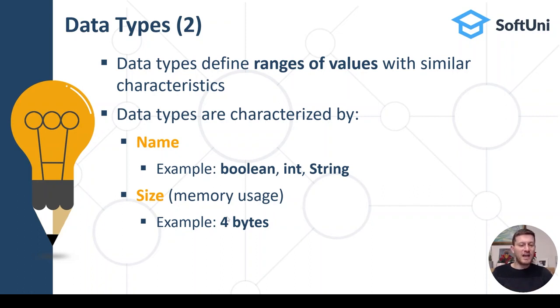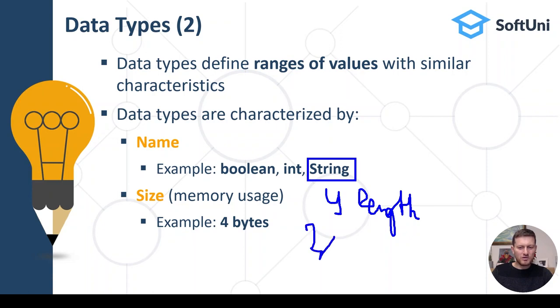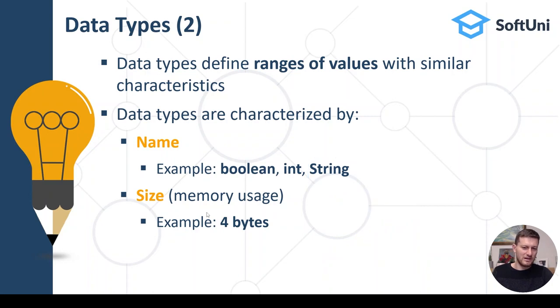And they have size, how many bytes in memory they use. For example, int uses 4 bytes, and the type long uses 8 bytes, and the type String uses a variable number of bytes. For example, it uses 4 bytes for the length, plus 2 multiplied by the number of letters to hold the characters inside the string.